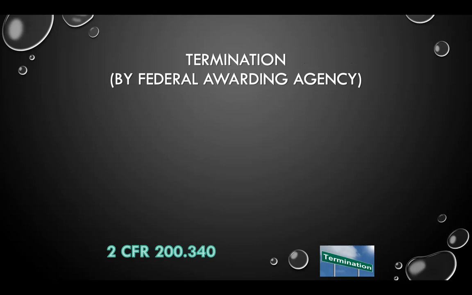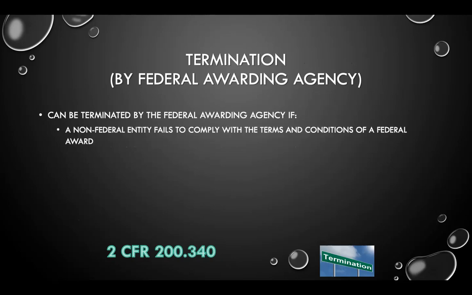Termination by the federal awarding agency is described in 2 CFR 200.340. An award can be terminated by the federal awarding agency if a non-federal entity fails to comply with the terms and conditions of a federal award.